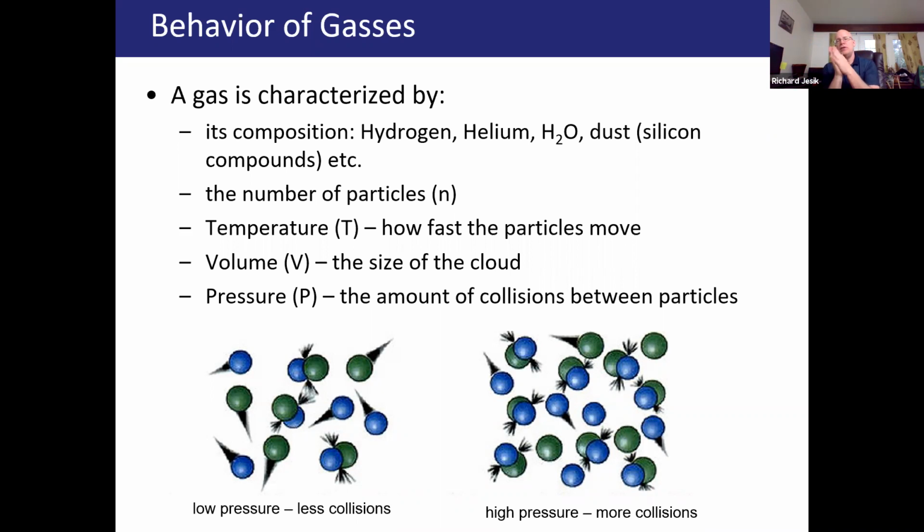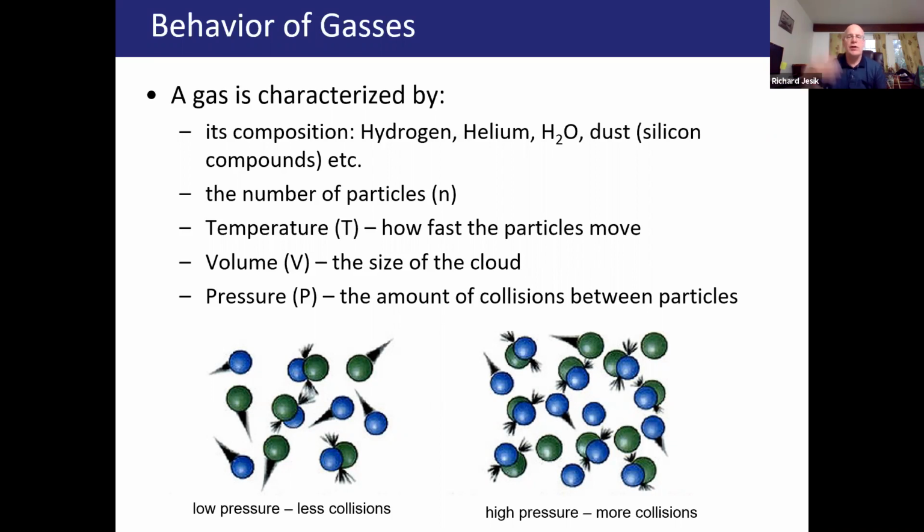The liquid state, you need some kind of atmospheric pressure to keep something in the liquid state. We don't really have liquid water, but we have either gas or ice, and then dust, silicons, irons, all sorts of metals, particles of that. So the number of particles there is also a characteristic of the cloud.